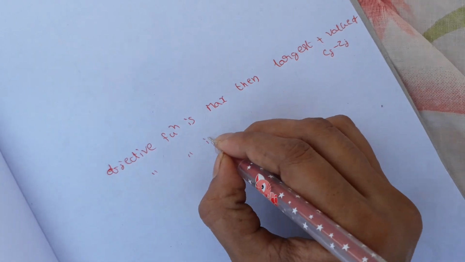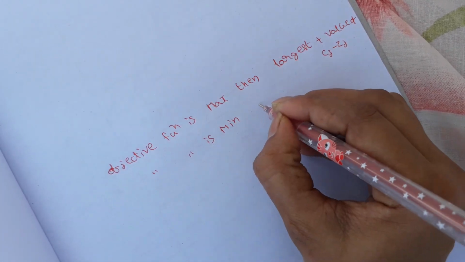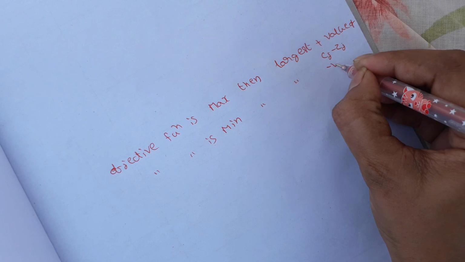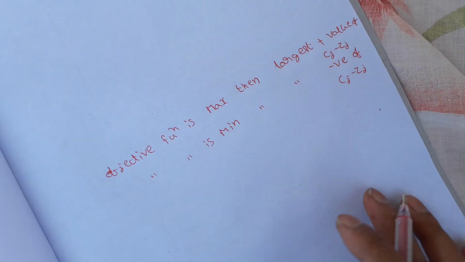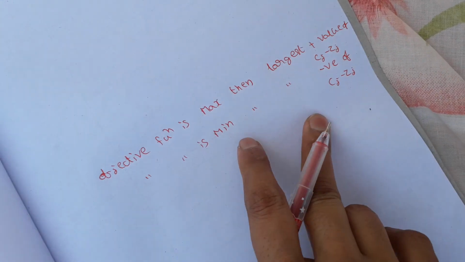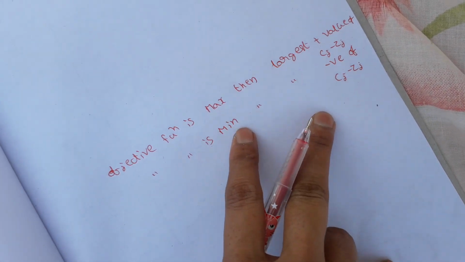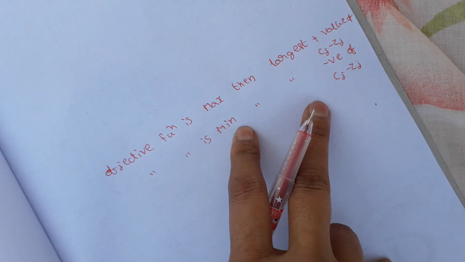If the objective function is minimization, then the largest negative value of Cj minus Zj. Largest positive value, largest negative value. So it depends upon the type of objective function given.